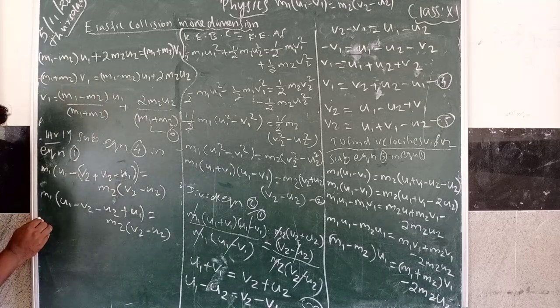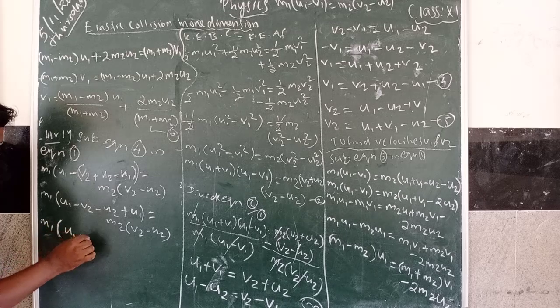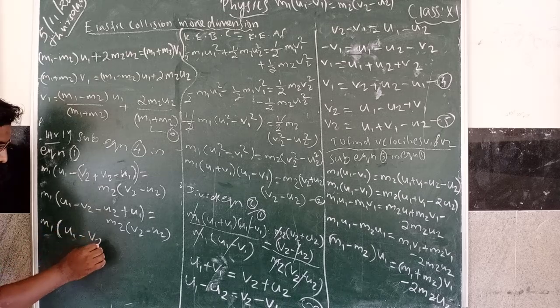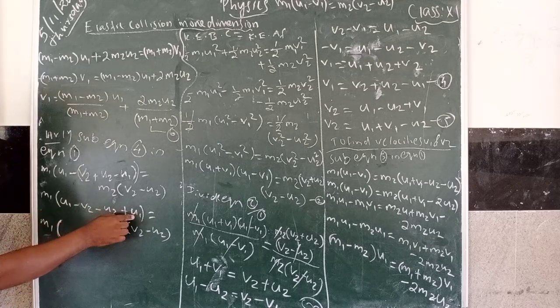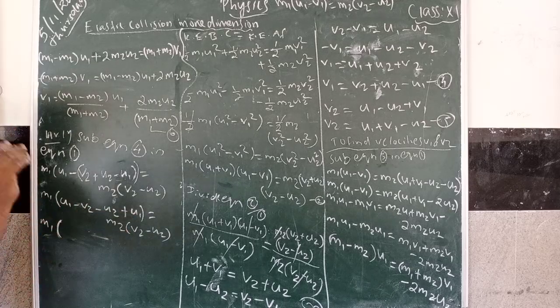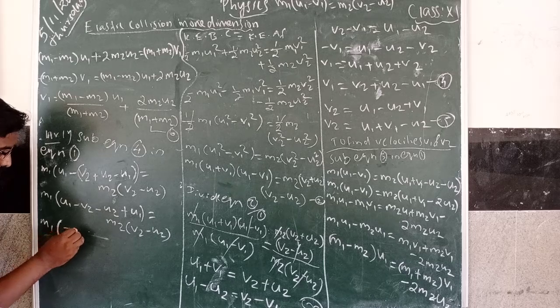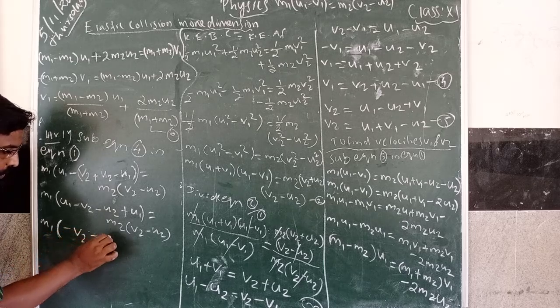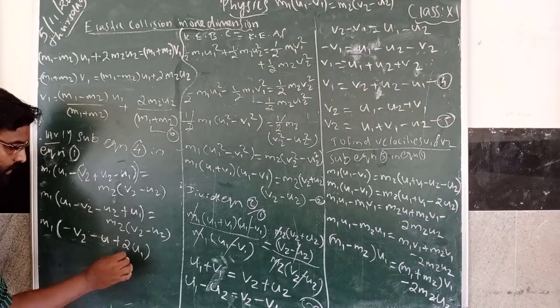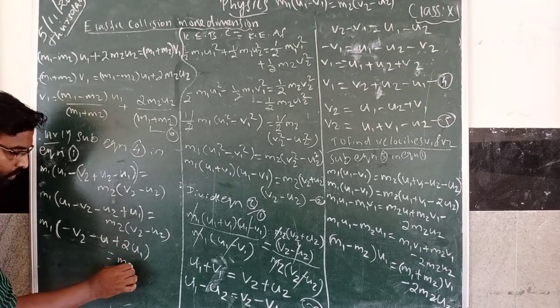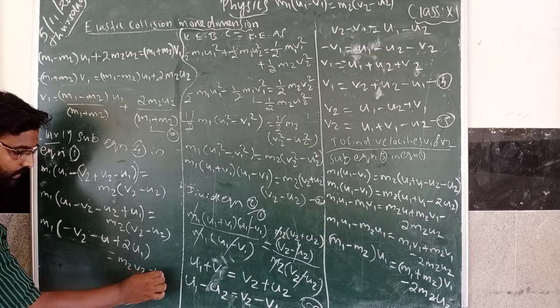Now m1 into u1 minus v2. So u1 plus u1 is 2 u1. So minus v2 minus u2 plus 2 u1 equal to m2 v2 minus u2.